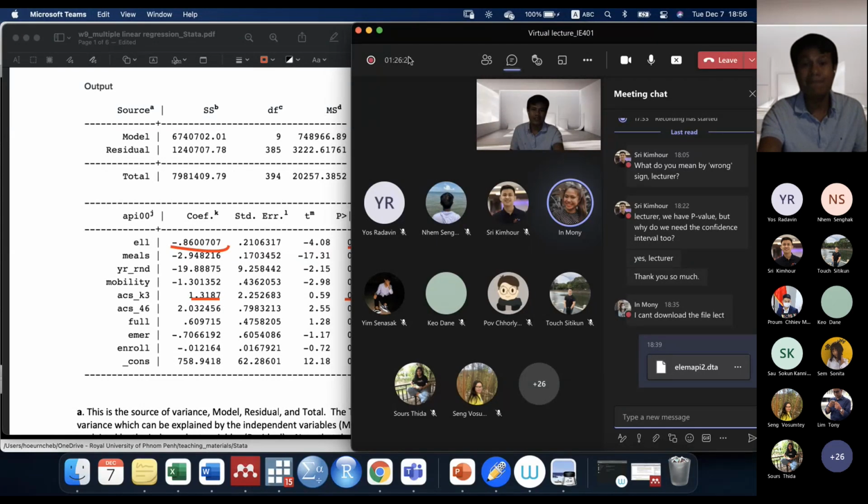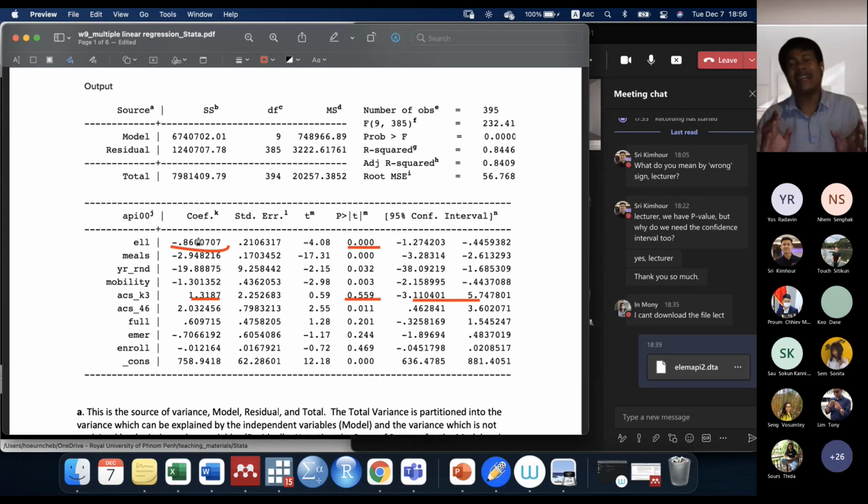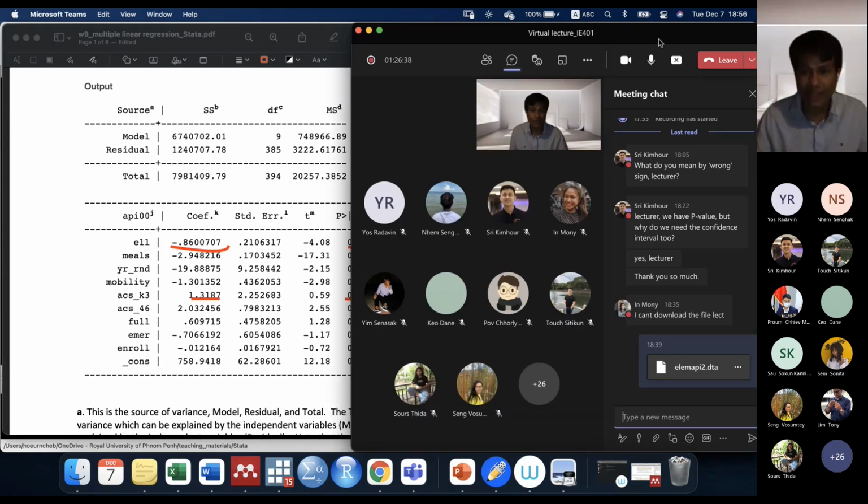Teacher, can you explain again when the coefficient is negative? What I am saying is not that the coefficient is negative, but that the coefficient gives you the wrong sign. For instance, you expect that a variable may have a positive relationship with academic performance, but now what you found is negative.